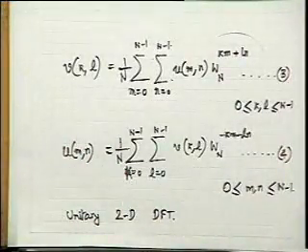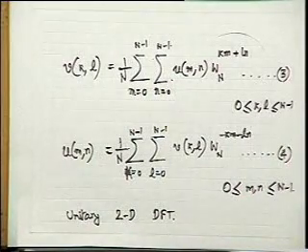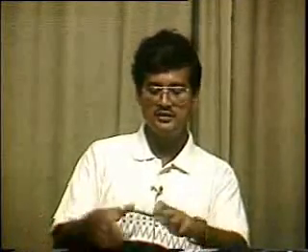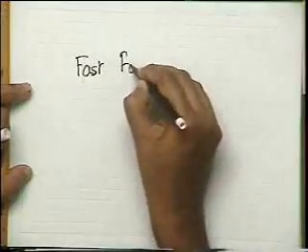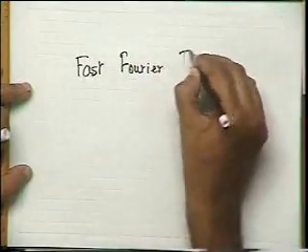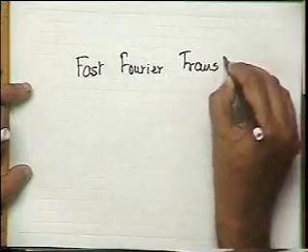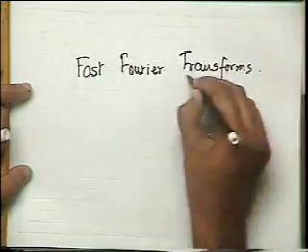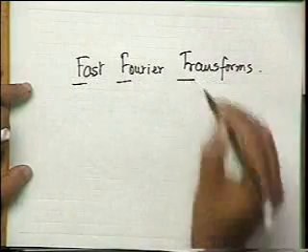Now the DFTs can be very efficiently implemented in a computer by fast algorithms, and the fast algorithms for computing the discrete Fourier transforms are called the fast Fourier transforms, or FFT.